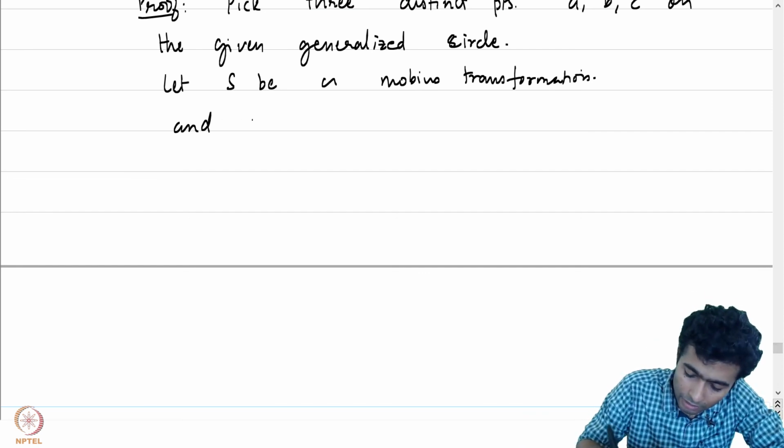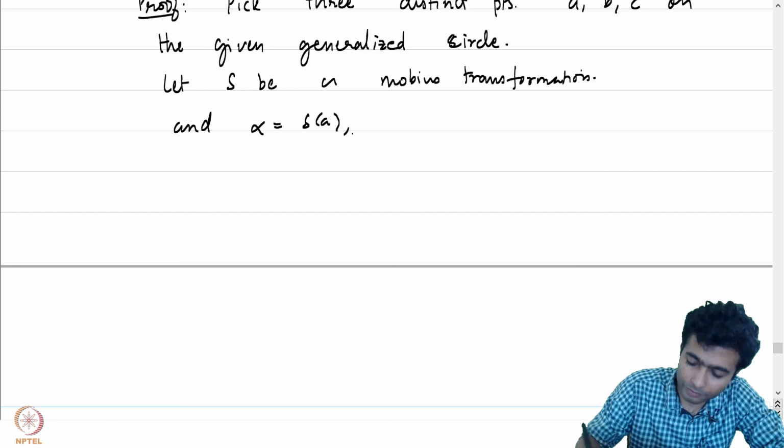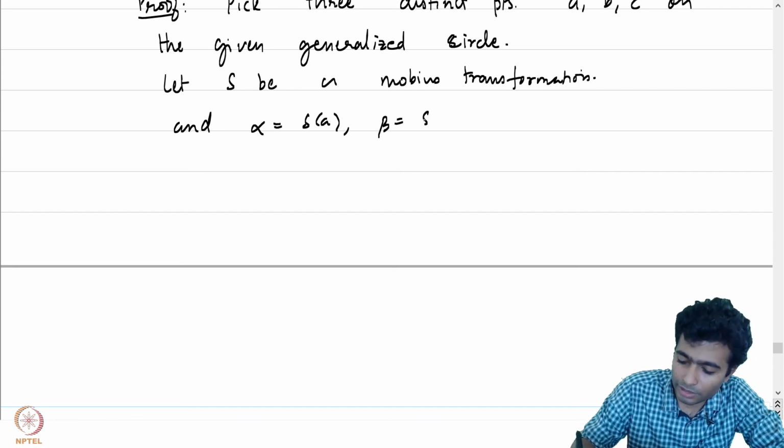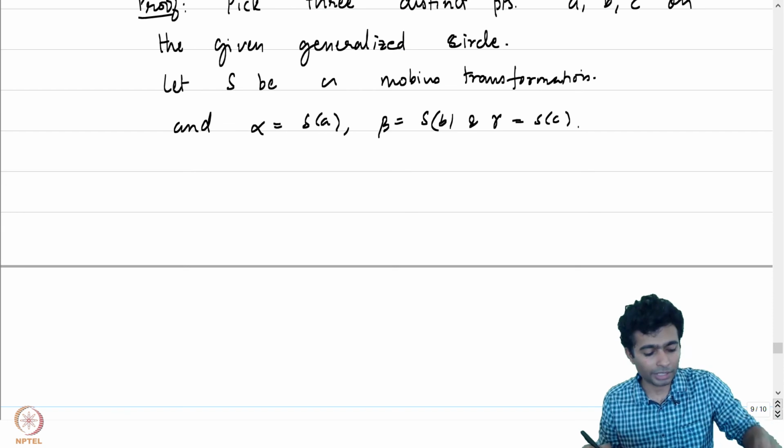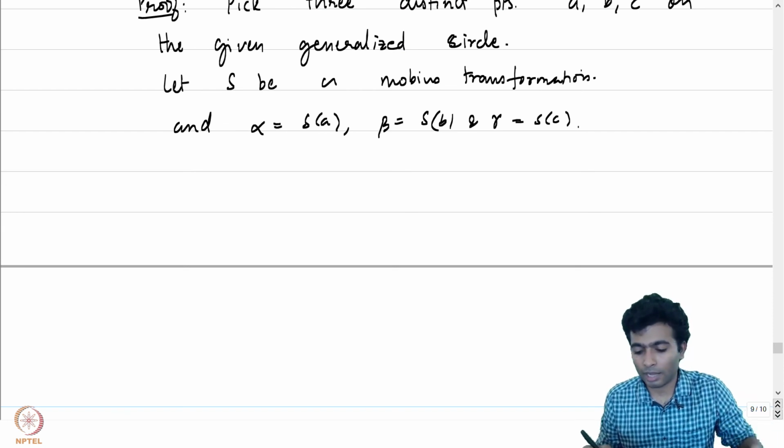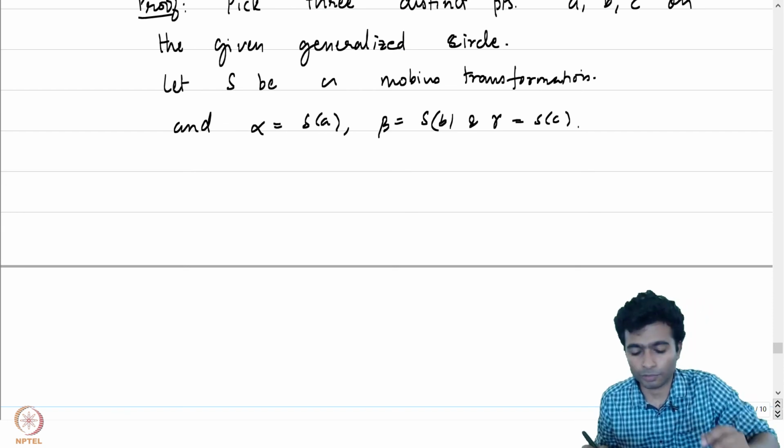Let alpha be equal to S of A, beta be equal to S of B, and gamma be equal to S of C. We know that there exist Mobius transformations which send A, B, C to 0, 1, infinity and alpha, beta, gamma also to 0, 1, infinity.